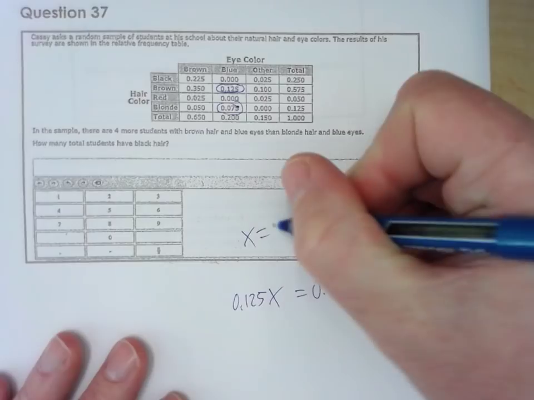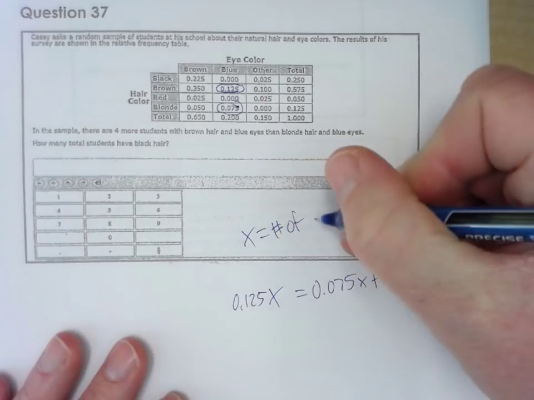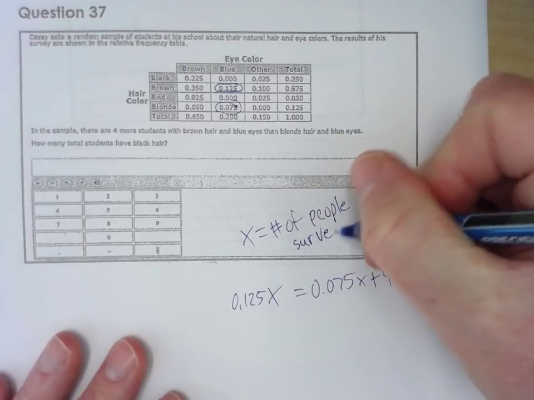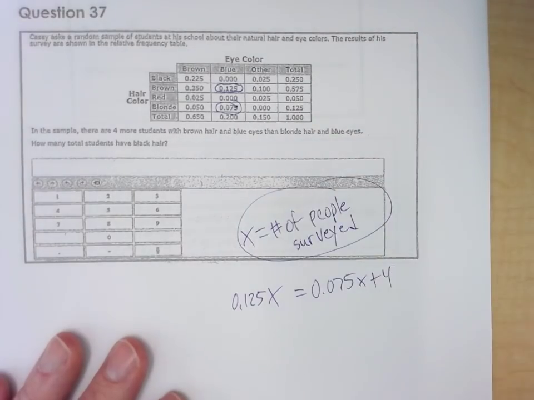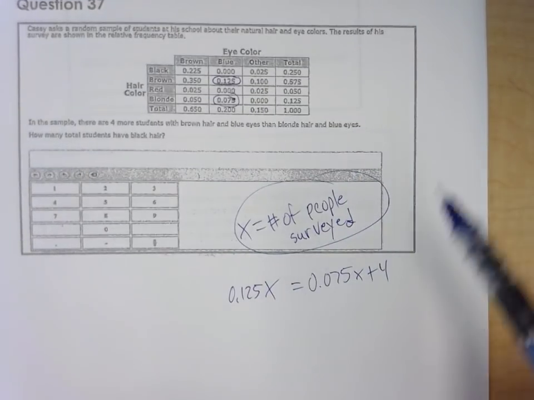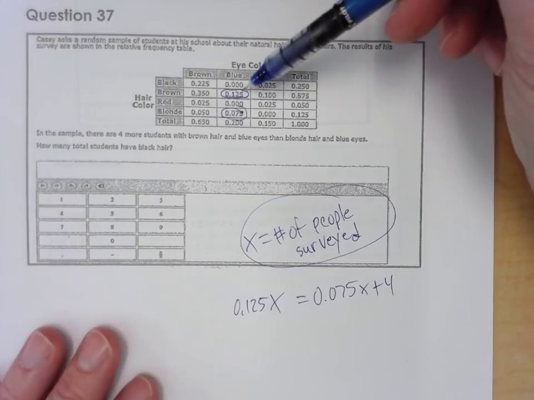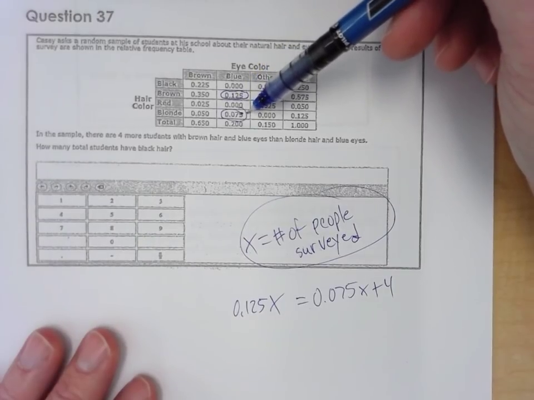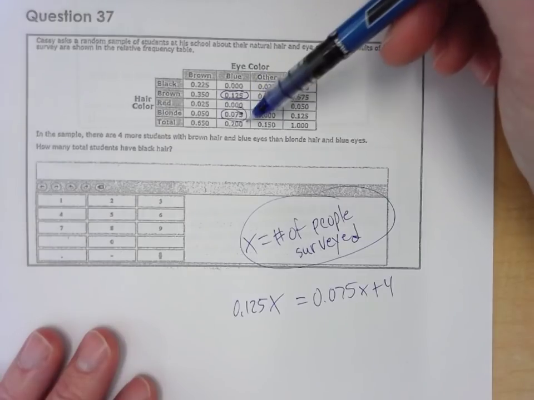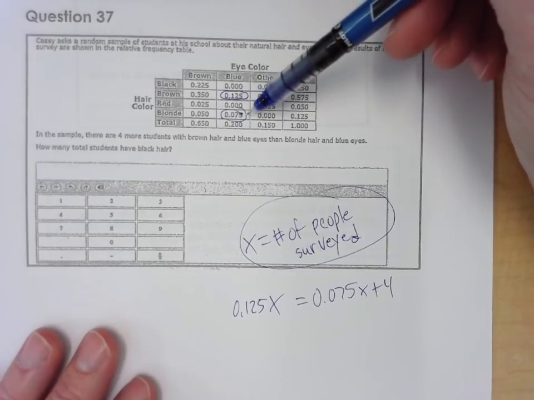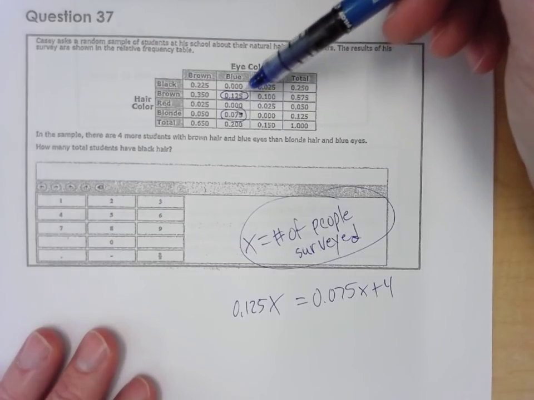So x is the number of people surveyed. All right. So we have basically 12.5% are in this thing, and 7.5% are in this category, but there's 4 more in this one versus this one. So I had to add 4 to this to make it catch up to that.